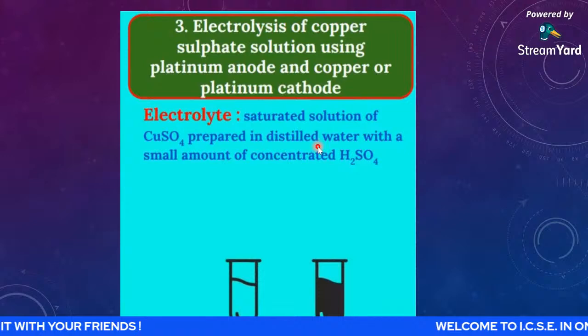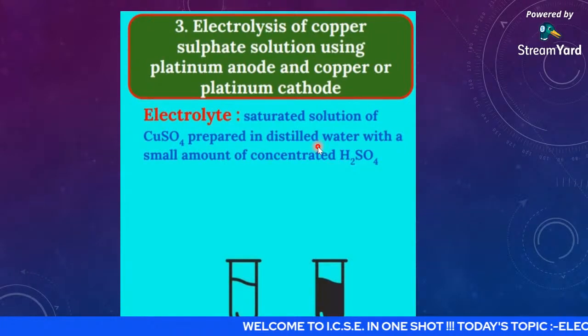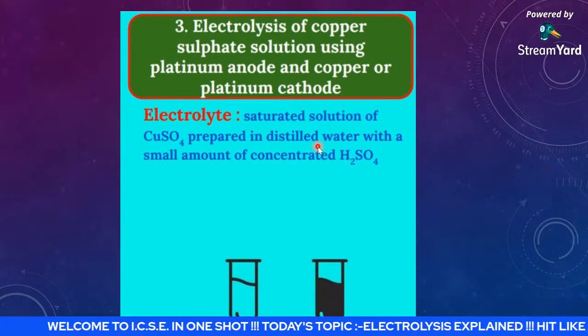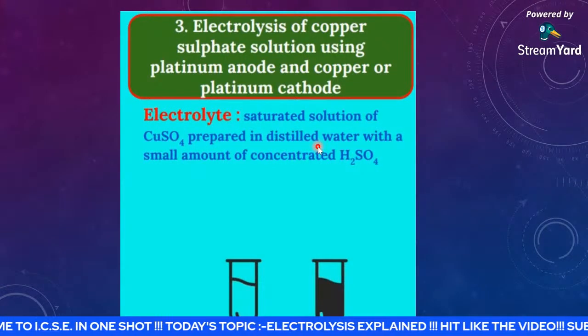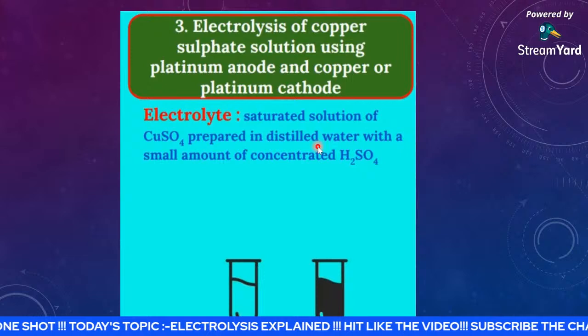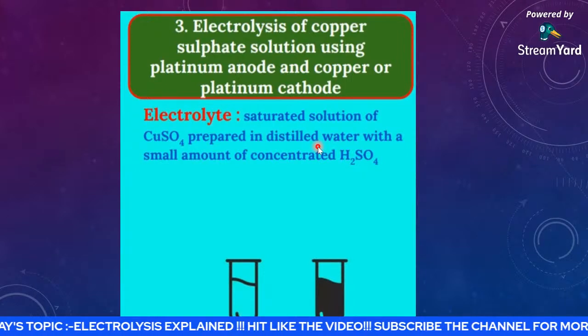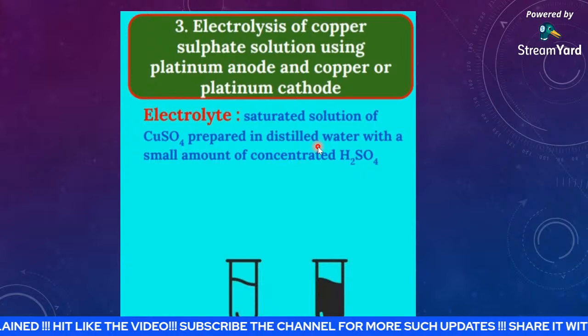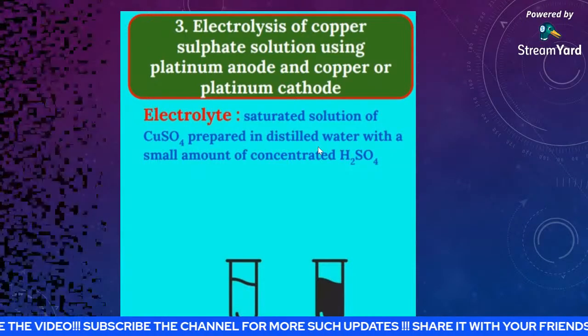Electrolysis of copper sulfate solution using platinum anode and copper or platinum cathode. Now, the electrolyte, which is a saturated solution of copper sulfate, is prepared in distilled water with a small amount of concentrated sulfuric acid.